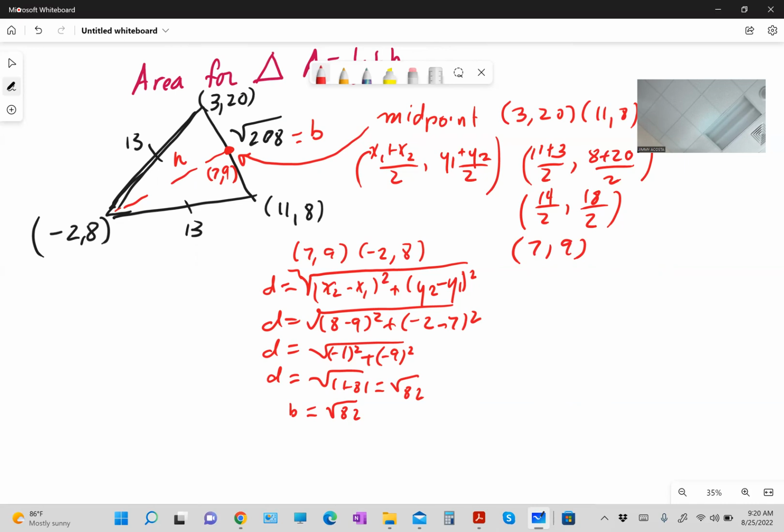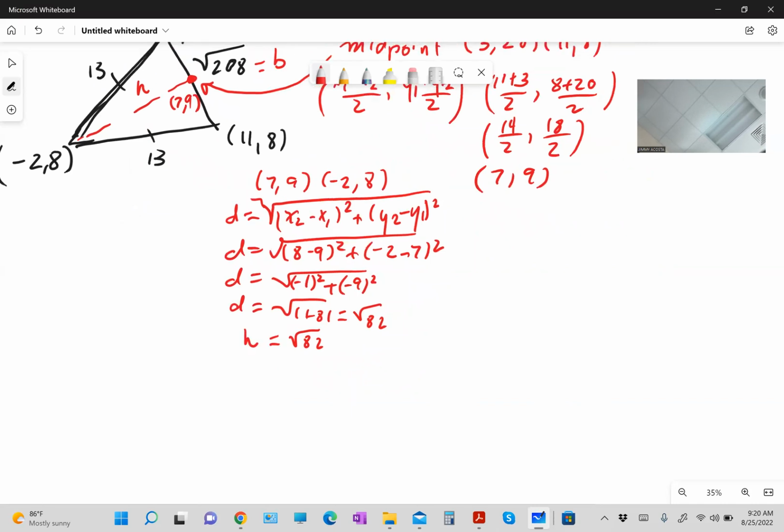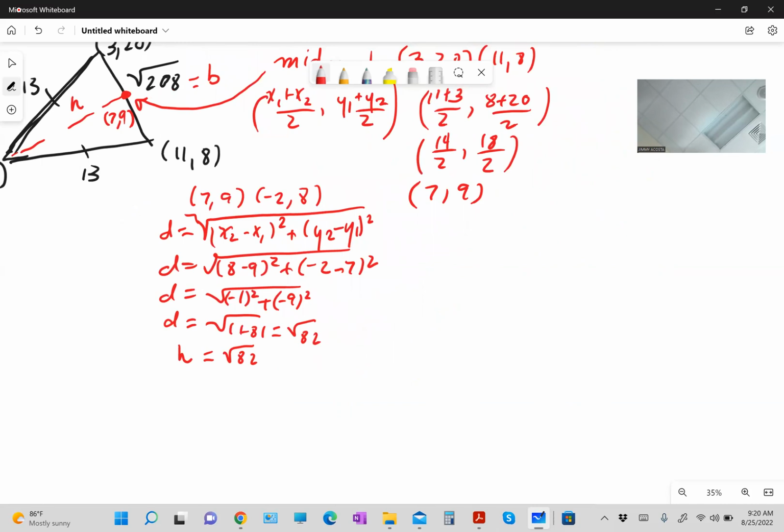Now, that means that your area, sorry, the height. So now you know that your area for your triangle, I can just scroll this up a little bit. So I can say that the area for the triangle must equal half times the base, square root of 208, times the square root of 82.